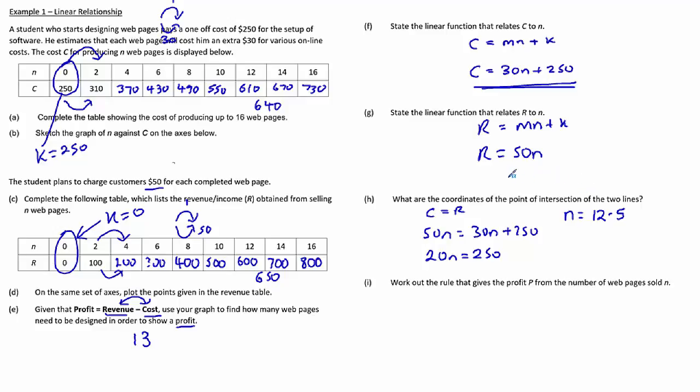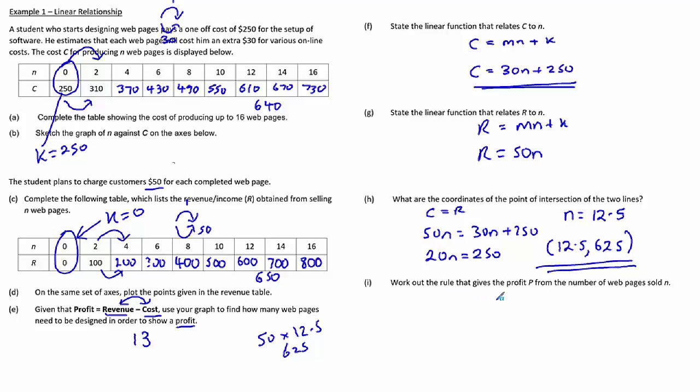So if we do 50 times 12.5, so 5 times 12 is 60, so that's going to be 625. So that would give us that c and r are equal to 625. So that's going to be (12.5, 625).